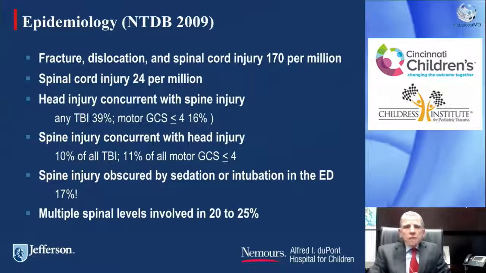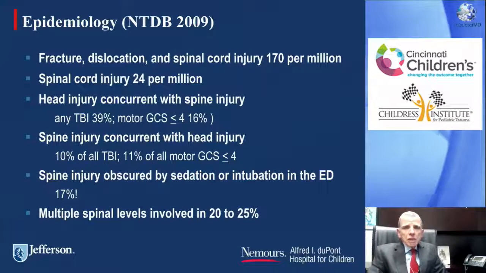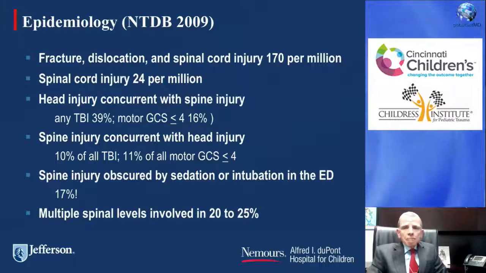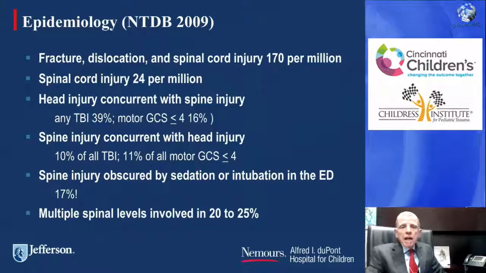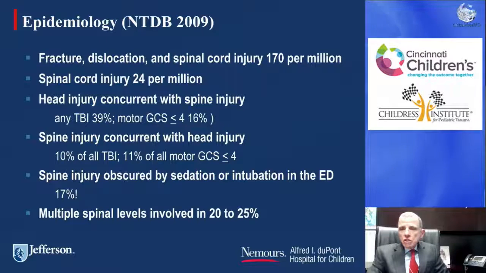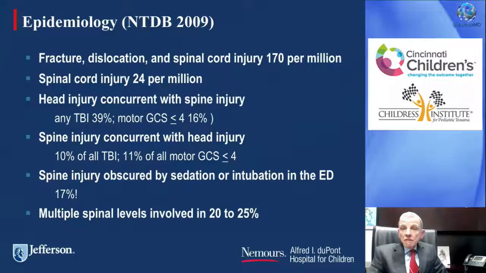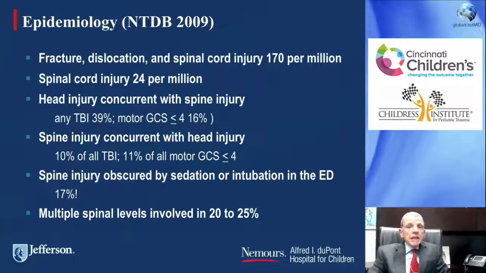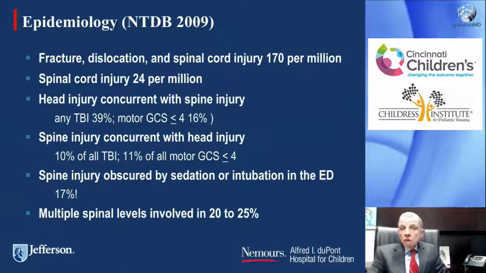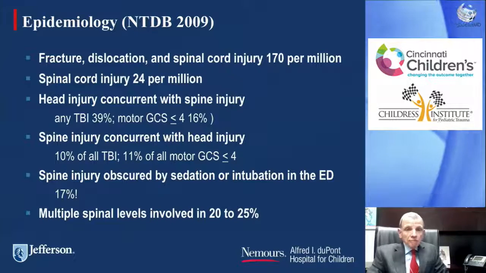These are data from 2009, both from the National Trauma Data Bank and from the Kids Inpatient Data Set. The incidence nationwide of fracture, dislocation, or spinal cord injury among children is 170 per million children, and spinal cord injury at 24 per million children.